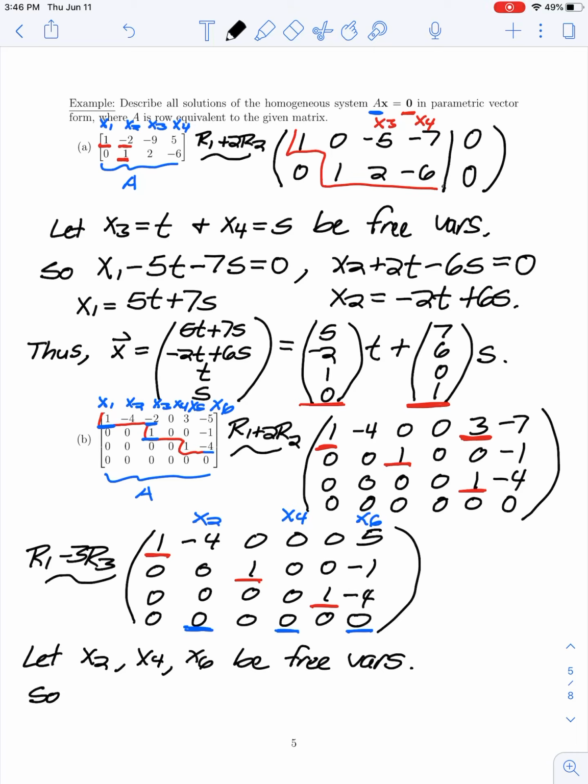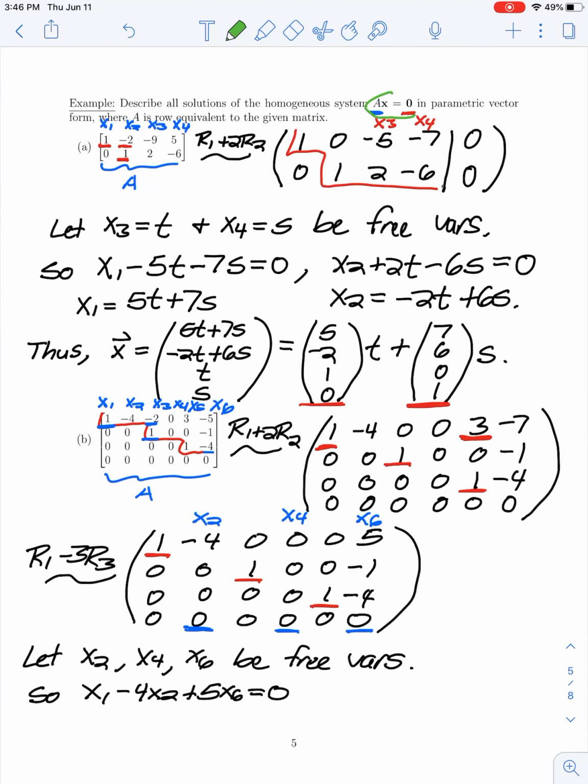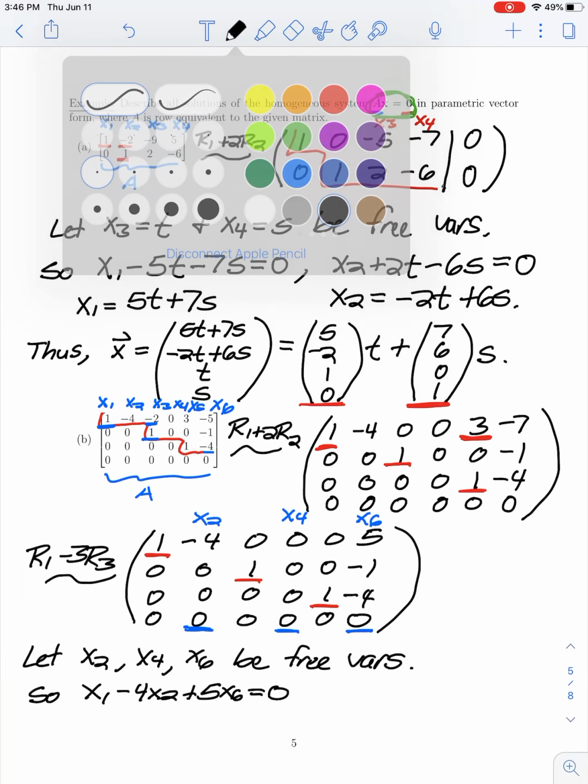So solving for the remaining variables, well, our first equation gives us x1 minus 4 times x2 plus 5 x6 has to be 0. Recall we have 0 on our right-hand side since we were considering homogeneous systems, something of the form Ax equals 0.